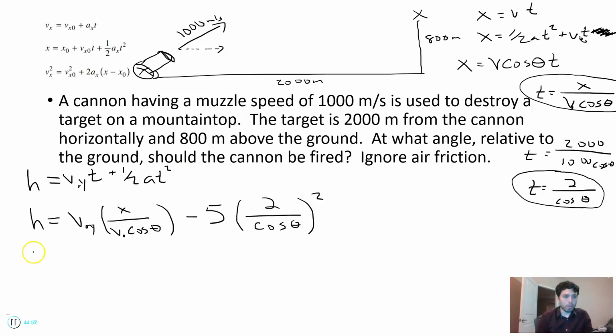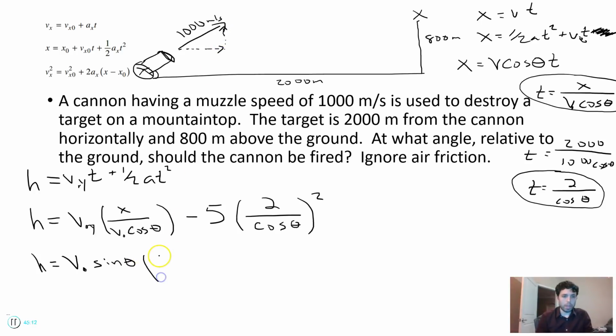All right, I'm going to rearrange this a little bit. So I'm going to write this again. H equals, now instead of v naught y, well, what is v naught y? It's going to be v, the initial velocity, 1,000 up here, times the sine of whatever the angle is, right? Because there's a sine for the opposite there. So I'm going to use that instead.